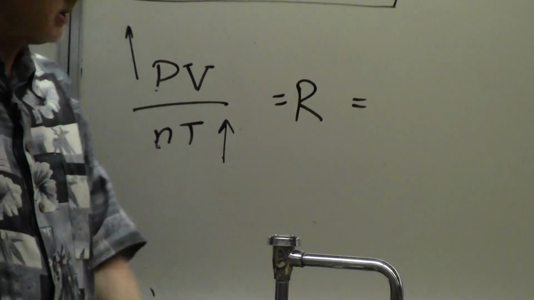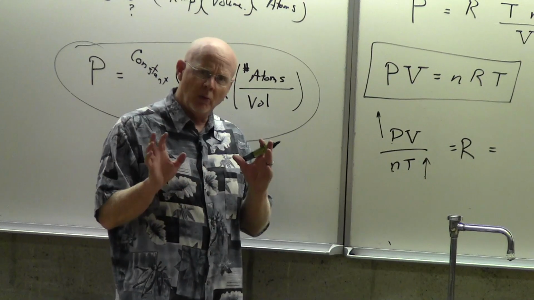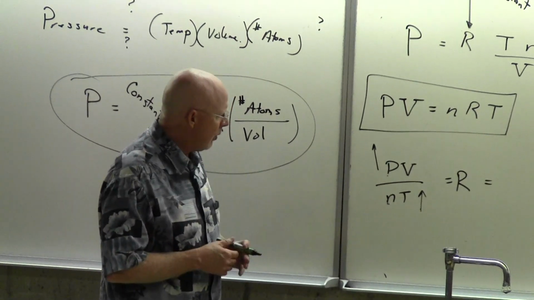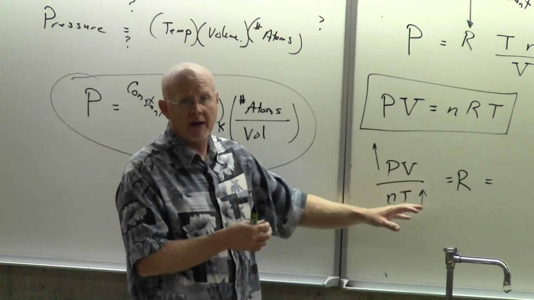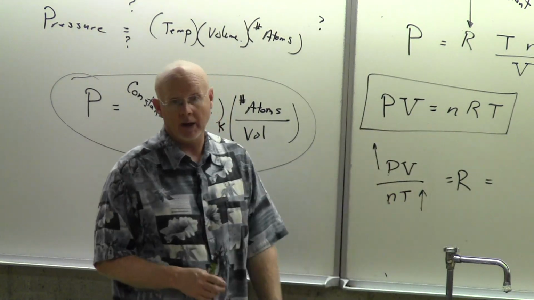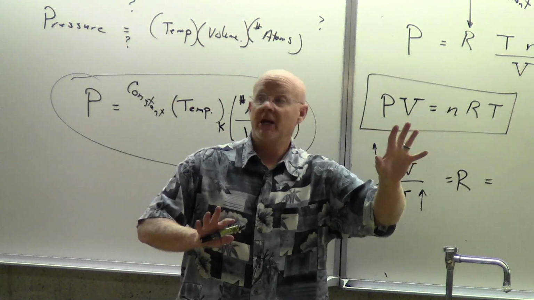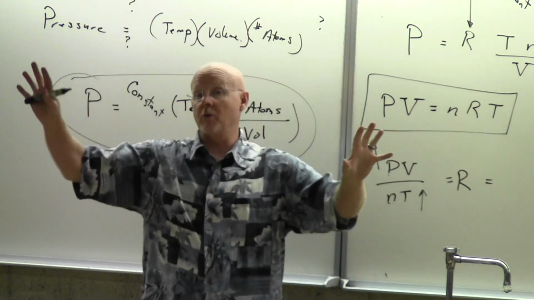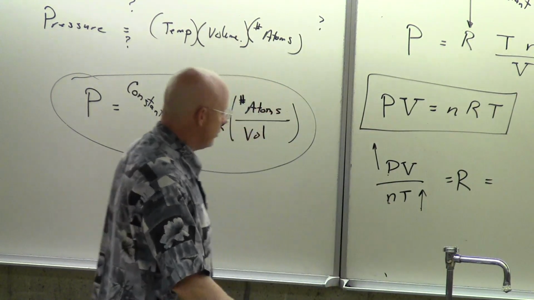It's got to equal this R. Now I got to say, the easiest problems, and the ones we will do this semester, is we will leave two of them alone. We will change one of them and see what happens to the other one. And so we're usually just looking at two at a time. We're saying change this one and see how it has an effect on this one, leaving the other two alone. And that's what I was trying to show you.